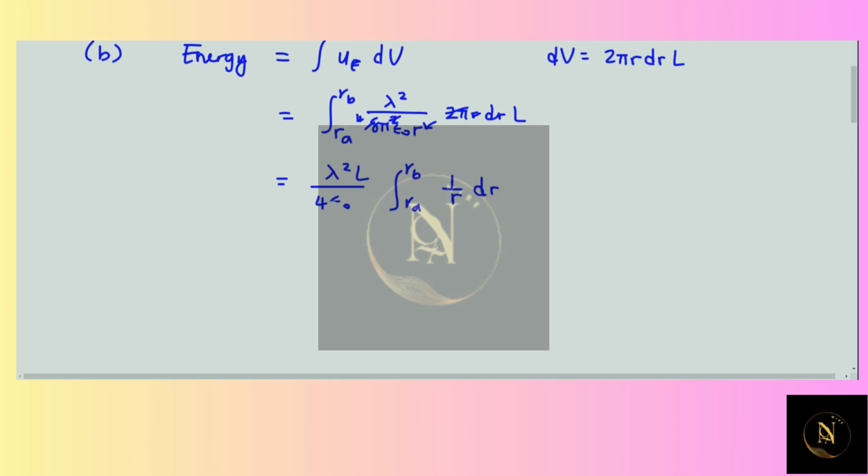Then you get lambda square L over 4 pi epsilon naught, and then you do the integration and get natural log RB divided by RA.